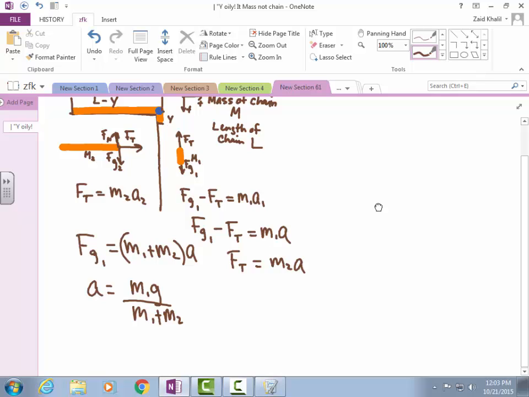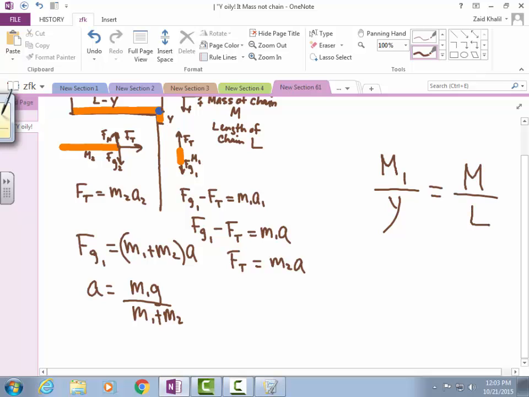So what does that mean? That means we set a proportion. That means that M1 divided by the length, which is, what's the length of M1? Y is equal to the total mass, which is M over L. And what do we get? M1 equals?